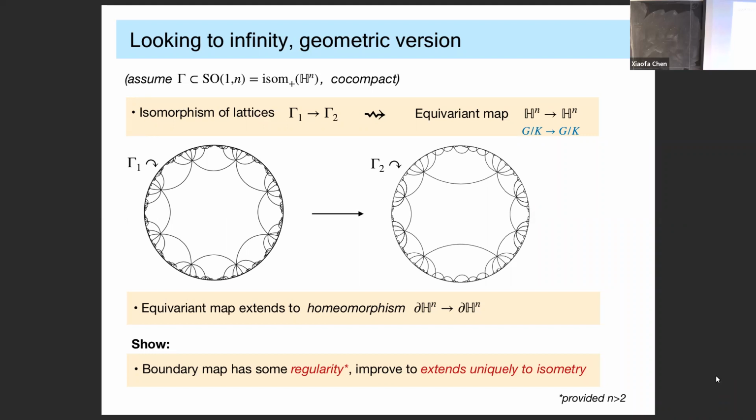Okay, so what does this whole picture suggest? It suggests that maybe there's a general practice of looking at boundary maps to recover some rigidity properties of a group acting on a space. And what did we do here? We improved some kind of homeomorphism of a boundary into an isomorphism.